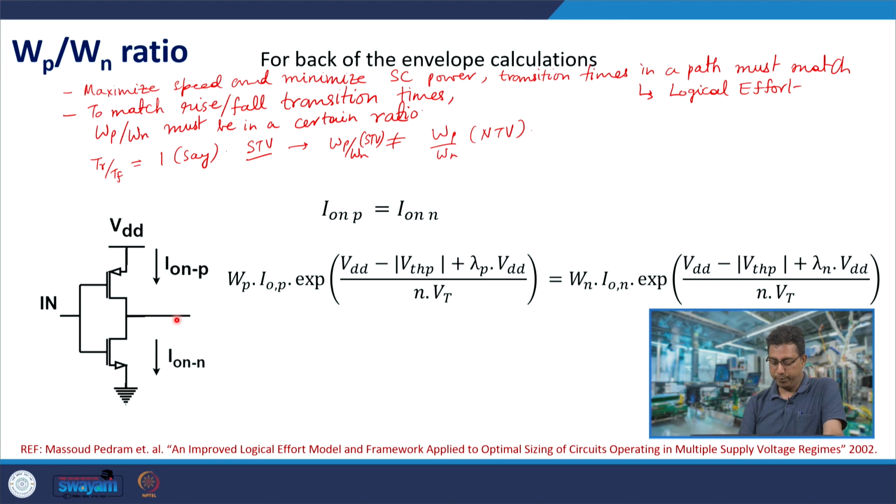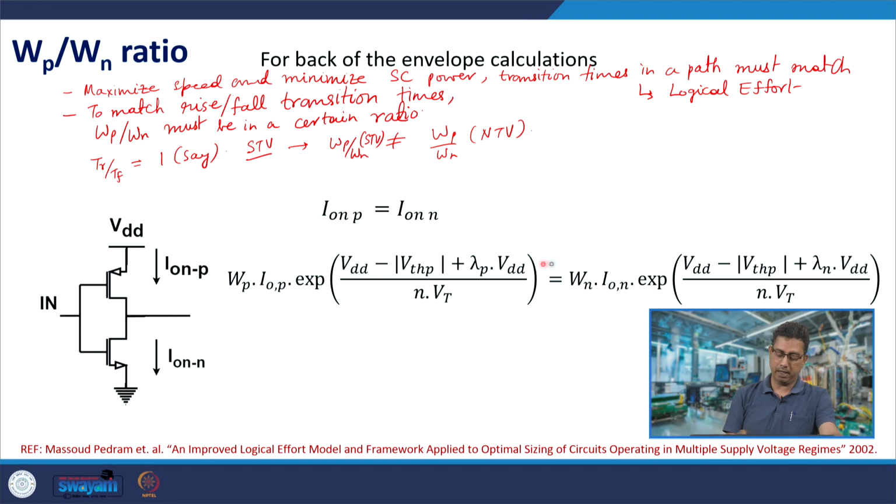So, the method that authors in this paper took is that they matched the ion values in near threshold voltage regime. They matched the ion values of the P MOSFET and N MOSFET and said that would give us the ratio of WP and Wn which you want.